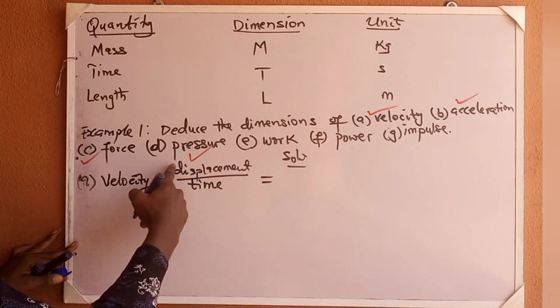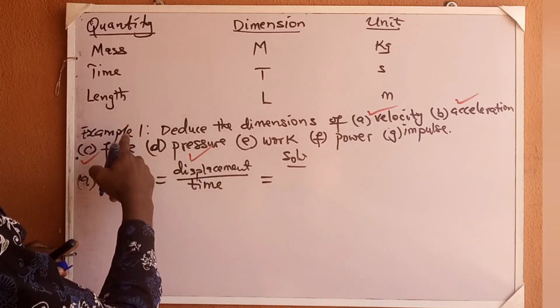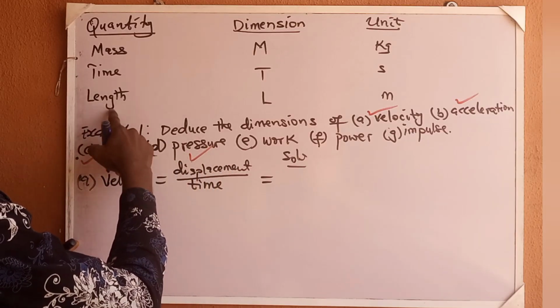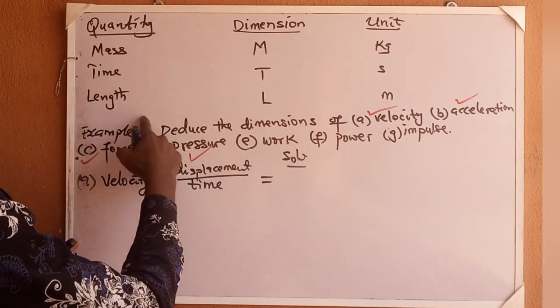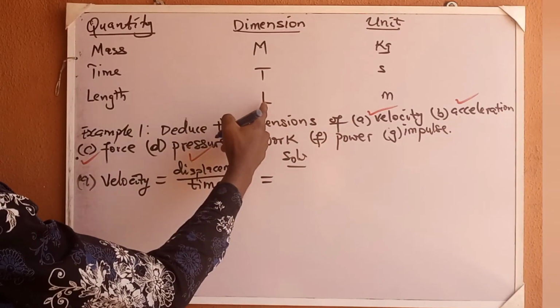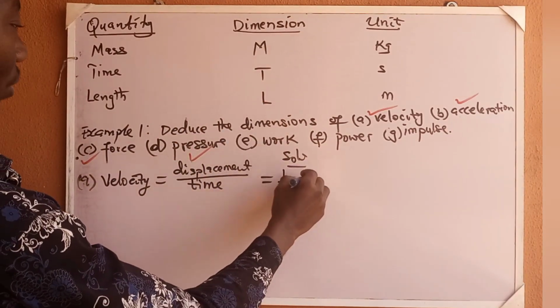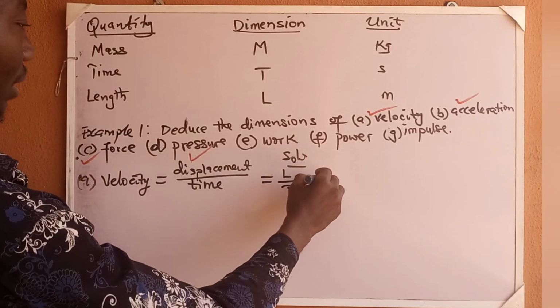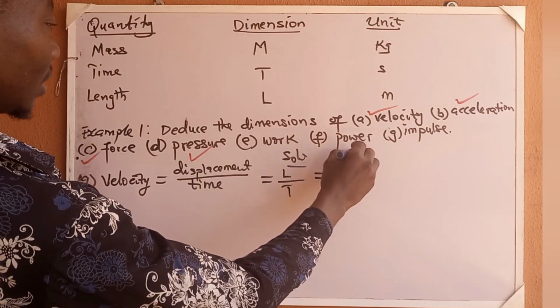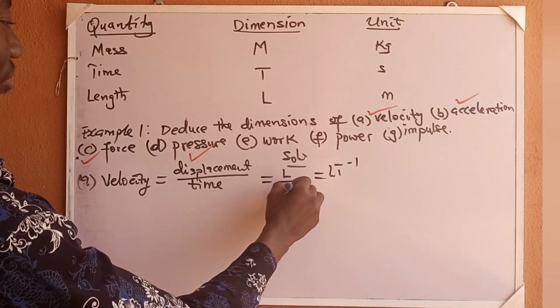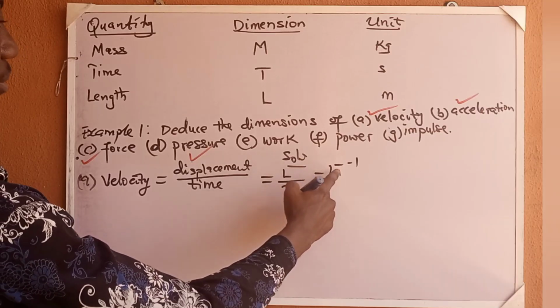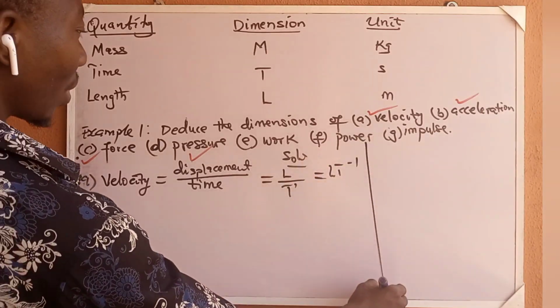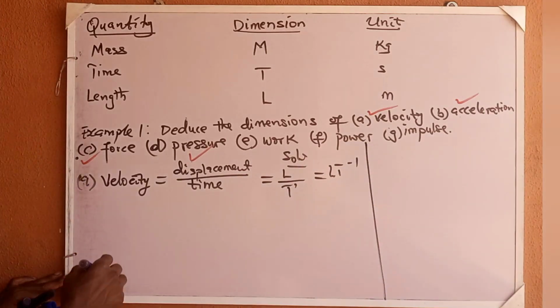Now, what is the dimension of displacement? Displacement will also have the dimension of length because it's still a measure of separation between 2 points. So we'll still go with L for displacement. And the dimension of time is T. So we'll have L over T, which gives us LT minus 1 when this T goes up. Of course, it has power of 1 here. When it goes up, it becomes LT to the power of minus 1.